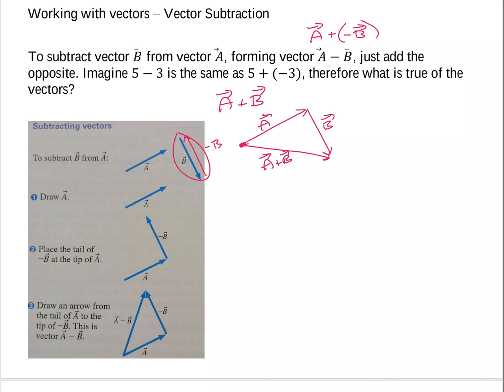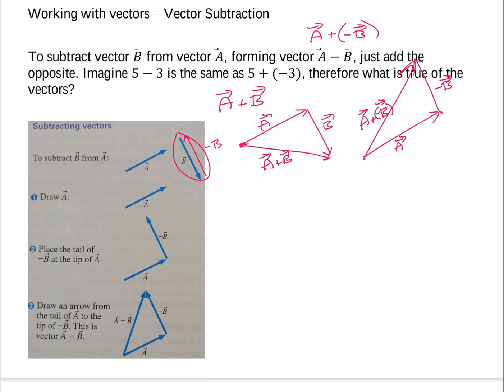So now I can set up A. Here's vector A. And now I can take negative B. There's negative B. And I'm adding them together. So there's A plus negative B, which in other words is A minus B, right? That's it, okay?